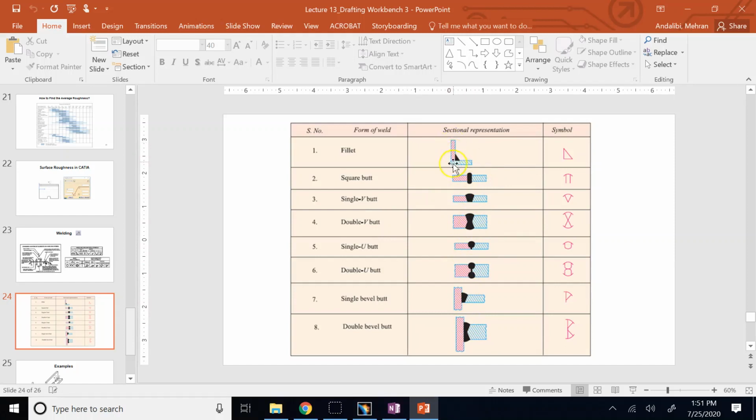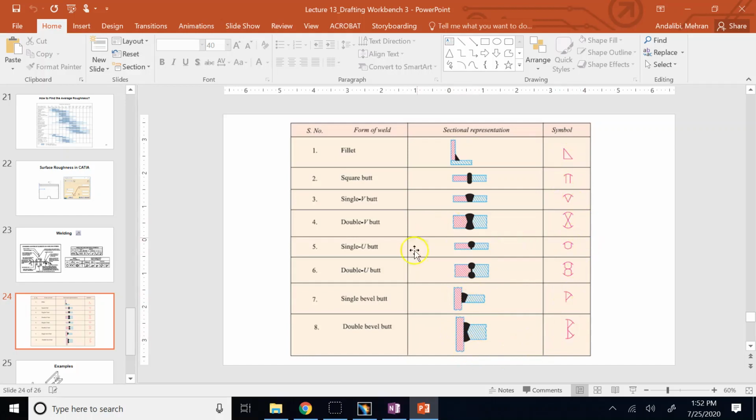Like if you attach two parts with this triangular cross section of the weld bead, you call it a fillet weld. You might put two parts head on and then attach them like this. You call it the square butt weld. You might have a single V-butt weld, double V-butt weld, single U, double U butt weld, single bevel, and double bevel butt welds.